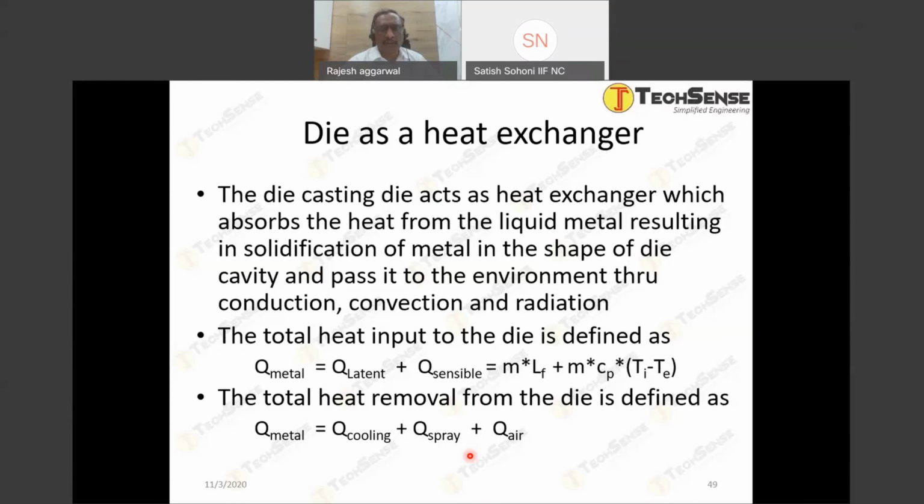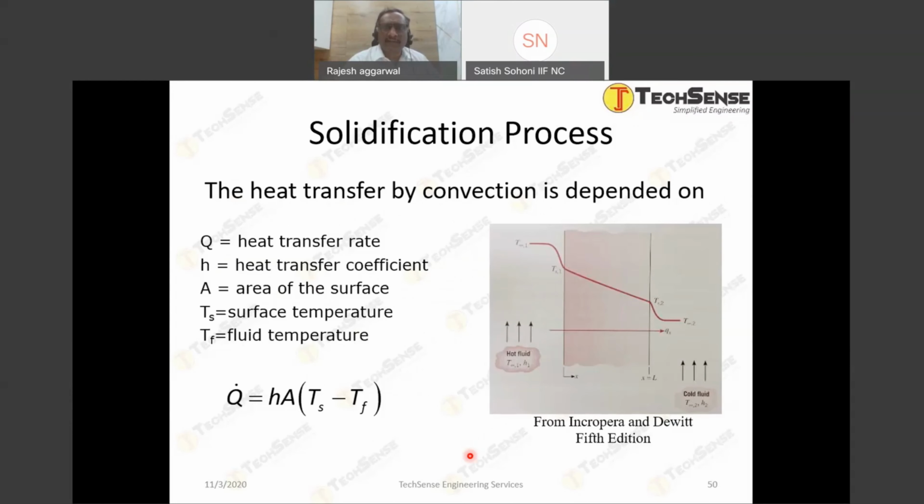The total heat input to the die is defined as the latent heat of the metal and the sensible heat of the metal. And the total heat removal from the die is defined as from the cooling, from the spray, from the air, from whatever other means. The heat transfer by convection, that is mostly by cooling the fluid, not directly, right?